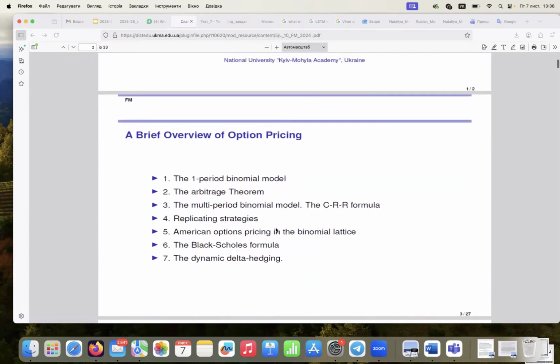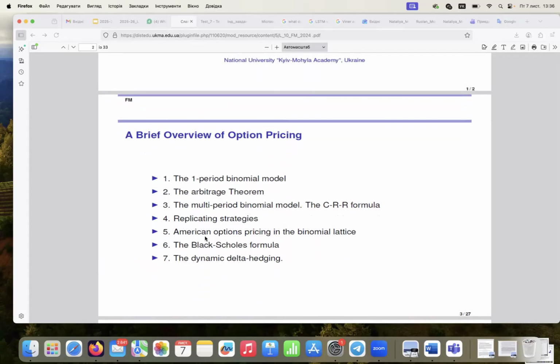Okay, so first I would like to remind you of a brief overview of the previous lecture. It is like our pathway. First it was the one-period binomial model, after that multi-period and replicating strategies.